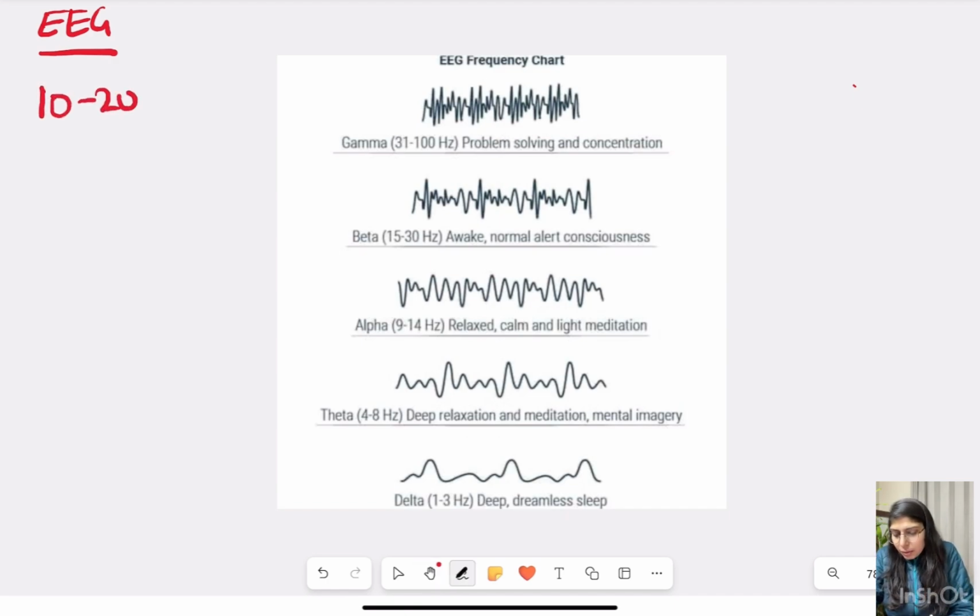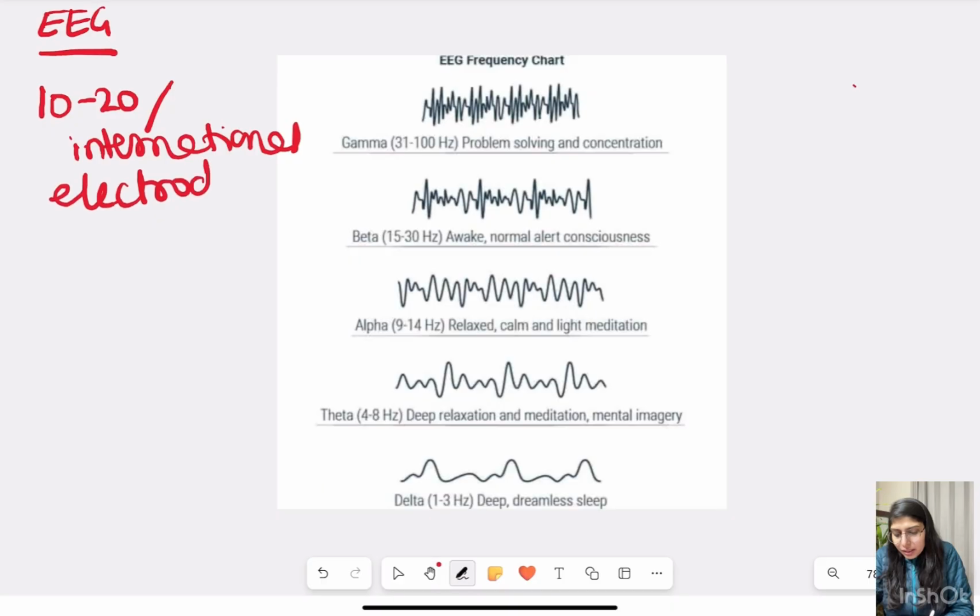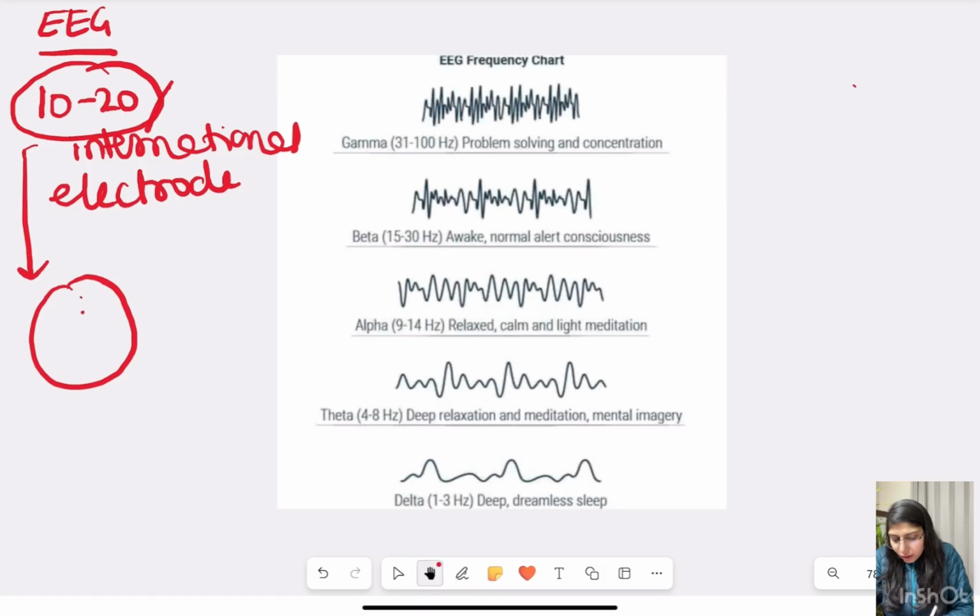Secondly, please remember that there are two international electrode placement systems, and the 10-20 system is the one that is used in India. By 10-20 we mean that on the scalp, we place the leads like this: frontal, temporal, parietal, occipital, central, fronto-central, prefrontal.